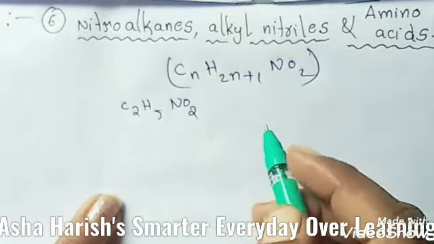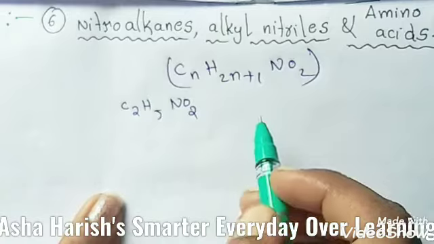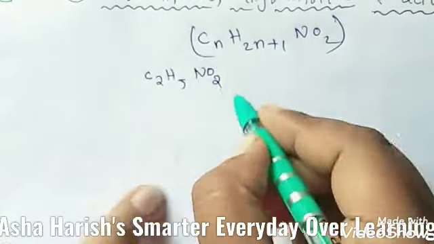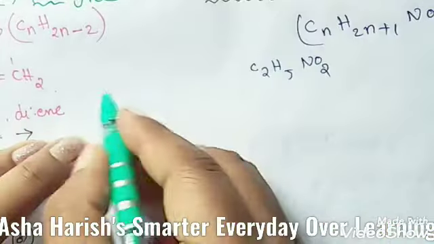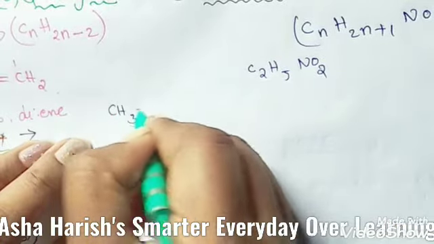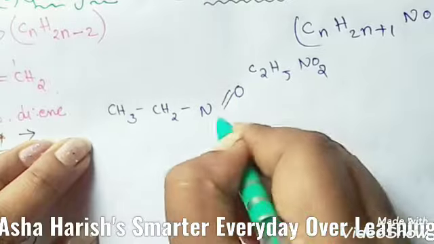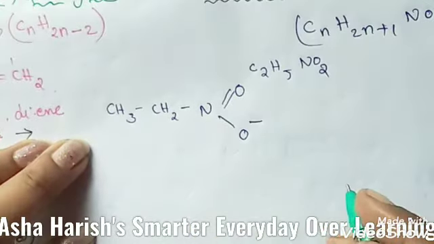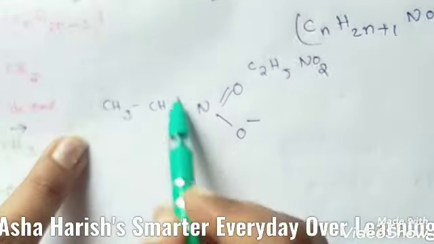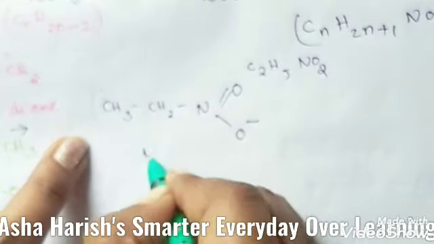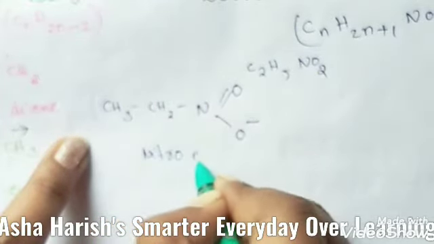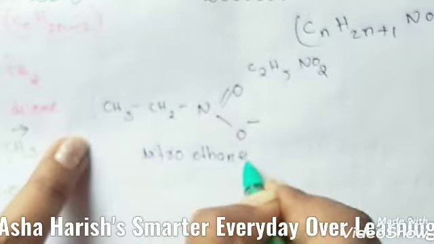This is the structure that represents this functional isomerism. How we can see here, suppose CH3CH2-N=O, just like NO2. This is ethane, so nitroethane, the name should be like this.